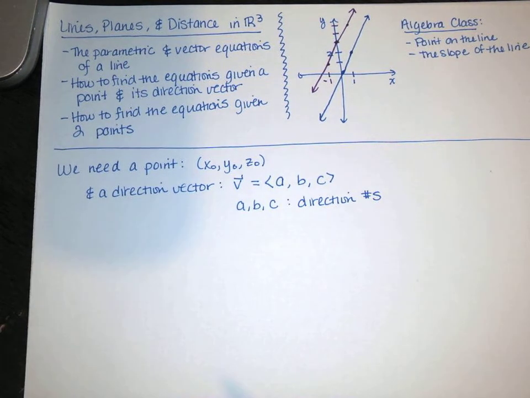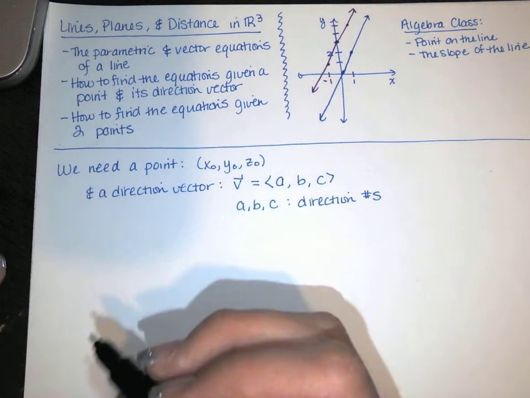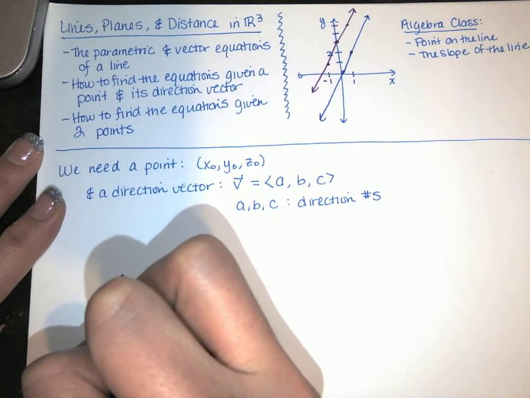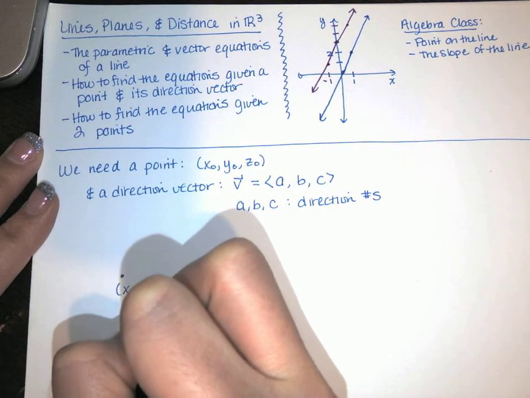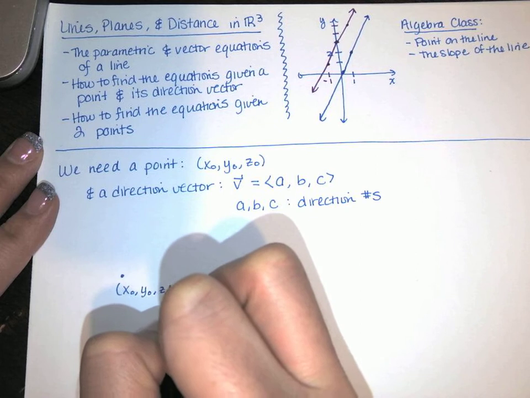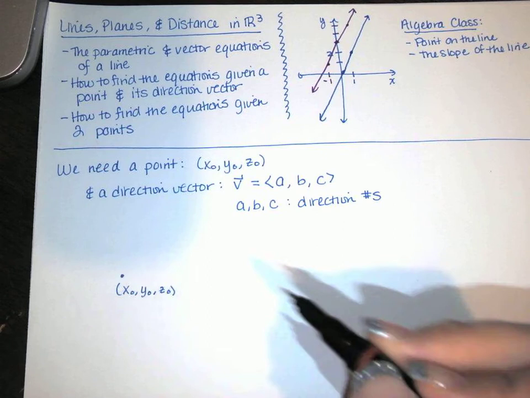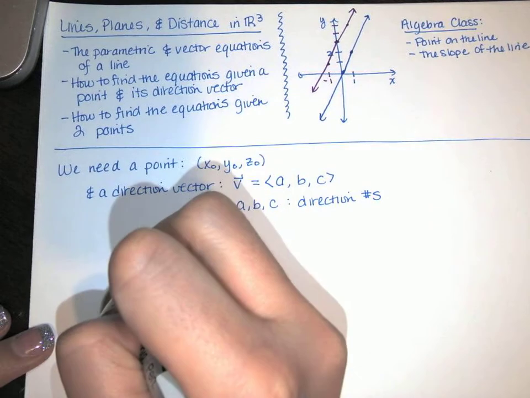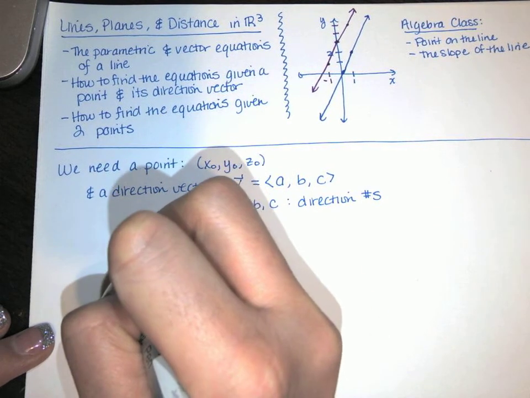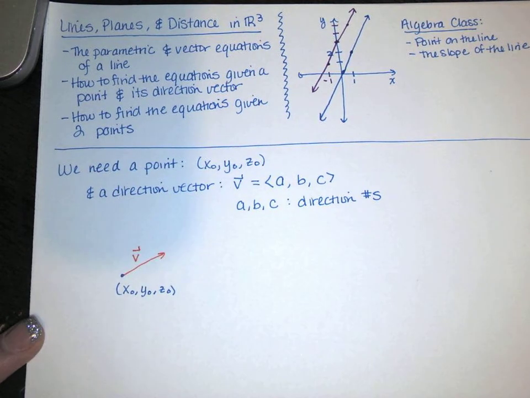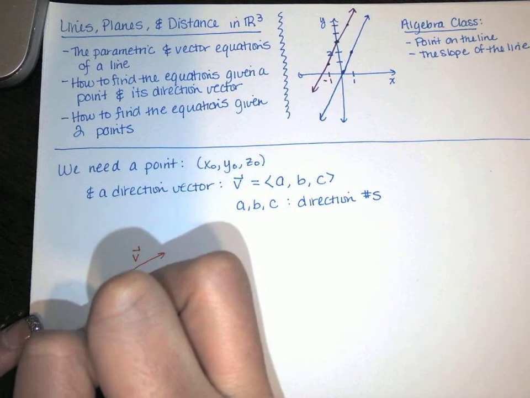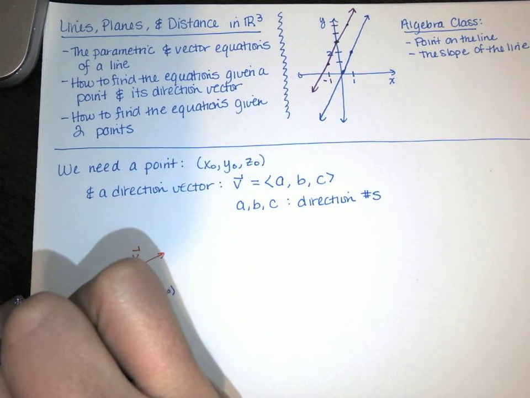You might say, okay, Ms. Townsend, well, what does that tell me? Well, I know that x naught, y naught, z naught is on the line. And the direction vector, v, I'm going to draw that in red, tells you which way to go to find all of the other points on the line. So maybe this is v, and this is our line right here. We're talking about all of these points.